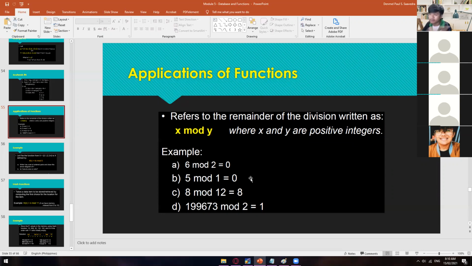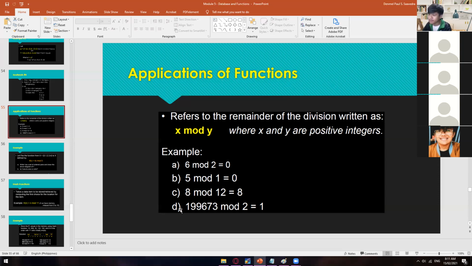We'll never get 5.5, 6.5, 7.5, and so on. It is always positive integers, whole numbers. For the third one, 8 mod 12 is 8. One more thing, if our divisor isn't able to divide your numerator, then whatever the value of your numerator is will be your remainder. Same with letter C.